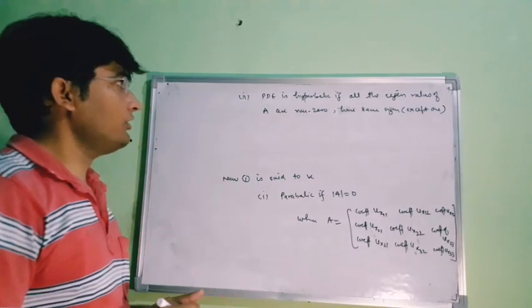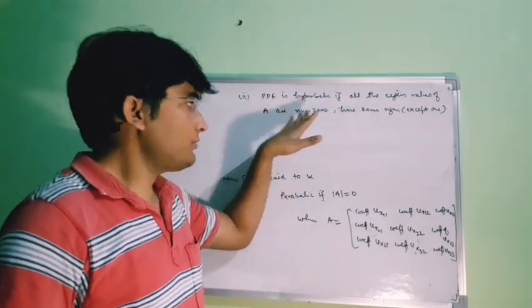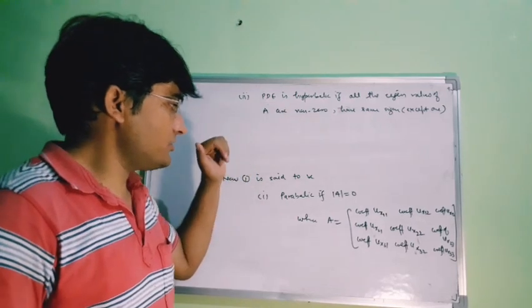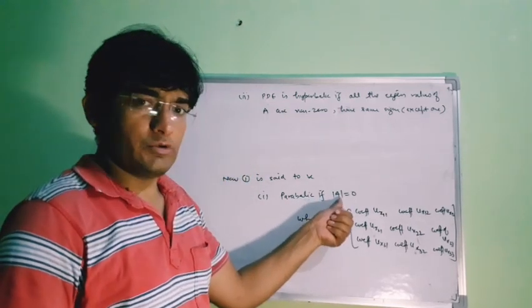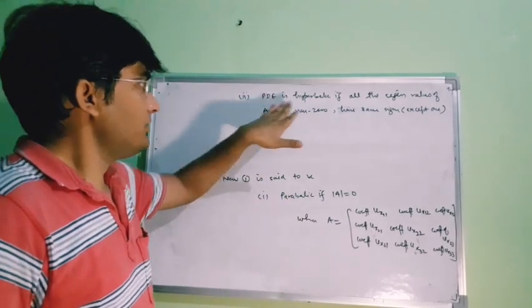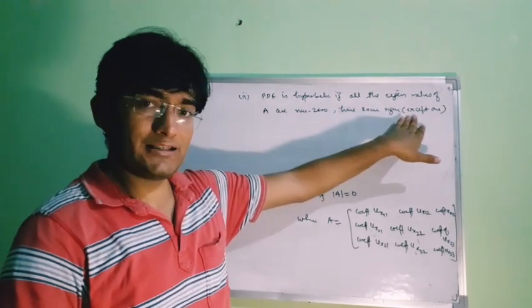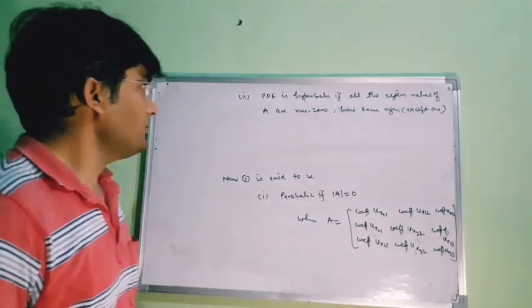If all the eigenvalues of the matrix A are non-zero, fine; if one of them is 0, then the determinant will become 0, and that case will become the parabolic case. So if all the eigenvalues are non-zero and have the same sign except for one value, then the PDE is said to be hyperbolic.